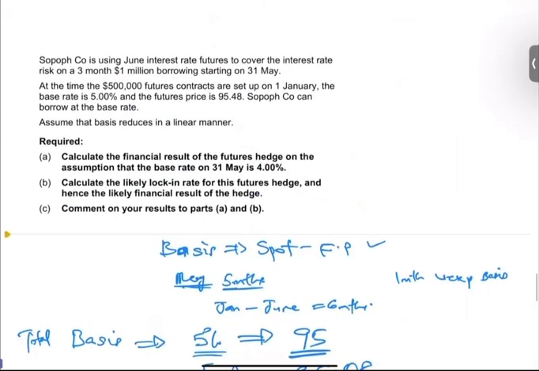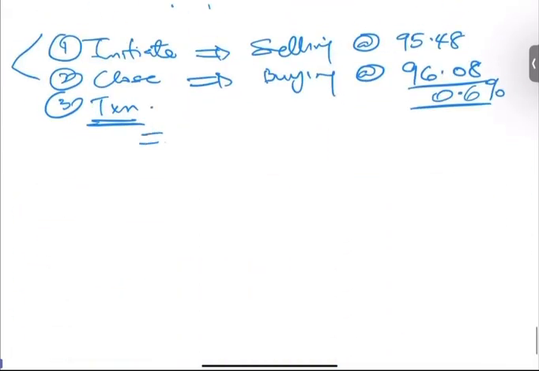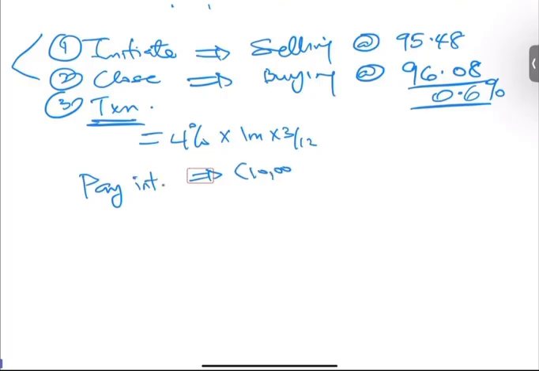So the transaction itself will give you a rate of 4% times 1 million multiplied by 3 over 12. So how much interest will the transaction go for? 10,000. So normally we'll pay interest of 10,000.